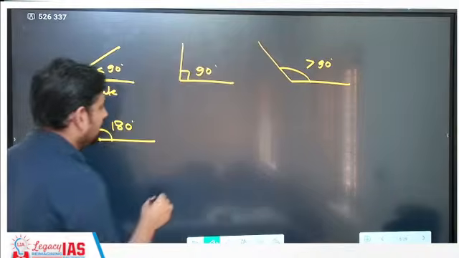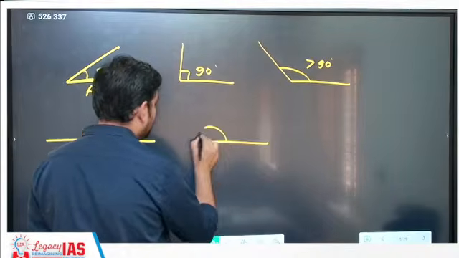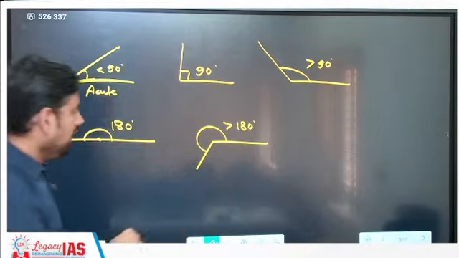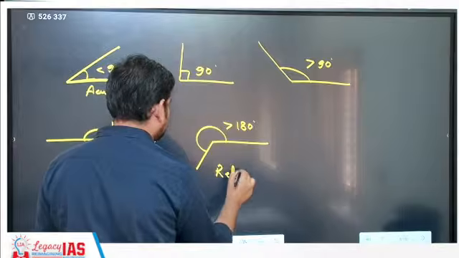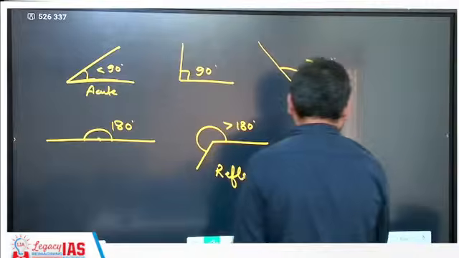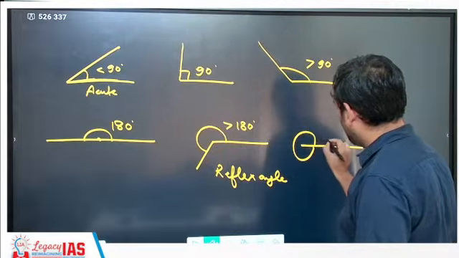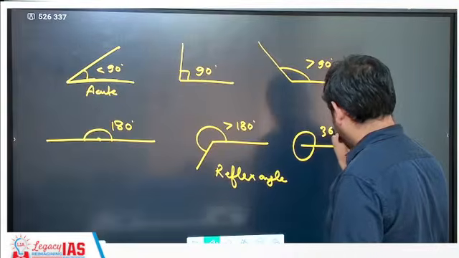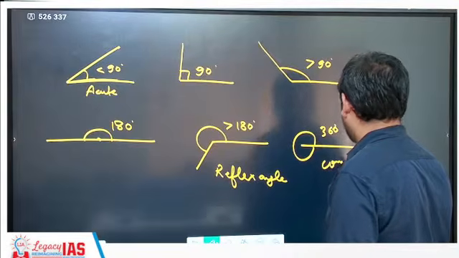Then after this you have an angle like this, which is greater than 180 degree. This is called a reflex angle. And at last you have 0 degree, or in other words 360 degree. This is called a complete angle.